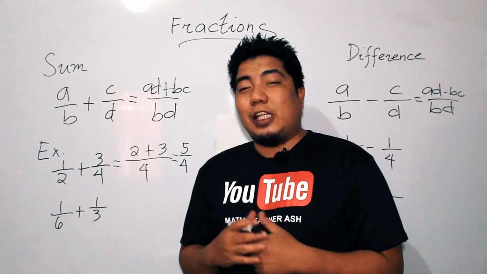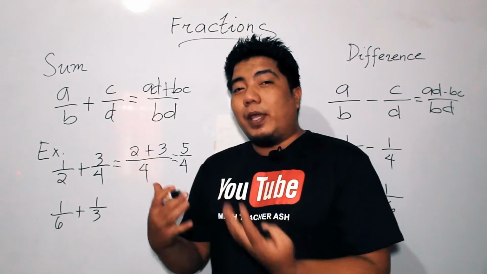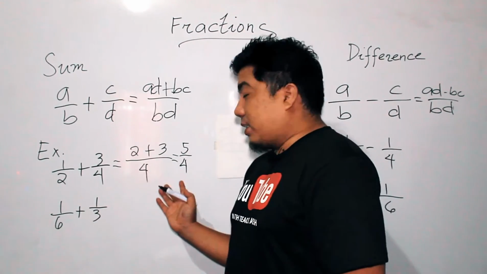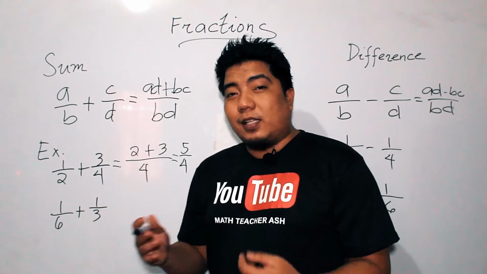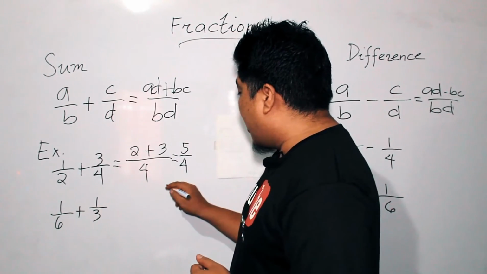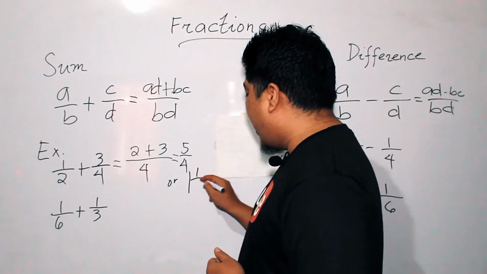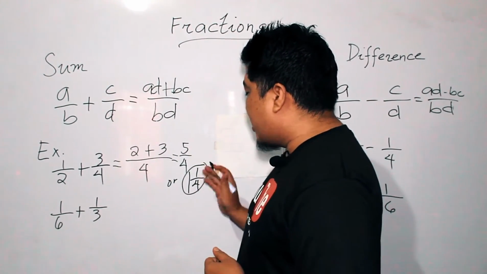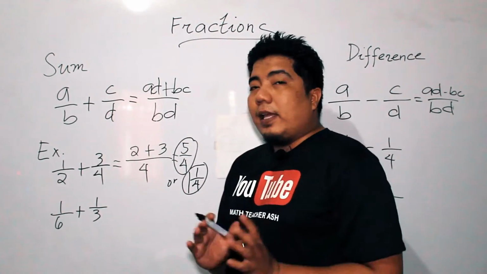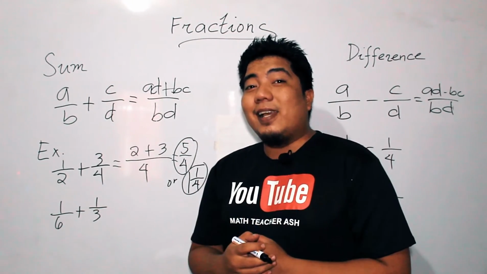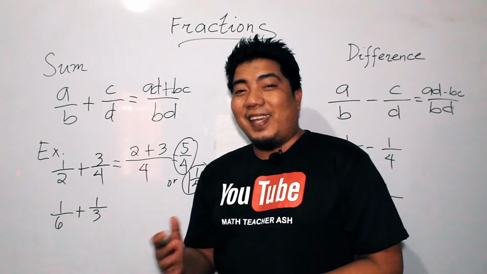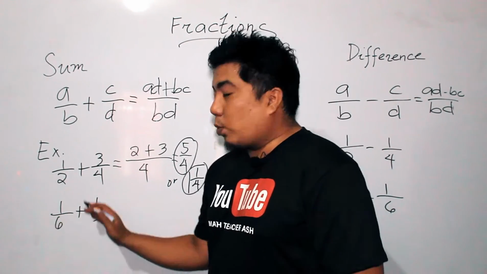So, your final answer is 5 over 4. Or, since this is an improper fraction and you want to make this as mixed number, this will become 1 and 1/4. So, if your answer is this one or this one, your answer is still acceptable. Easy, right? Now, let us go to this one.